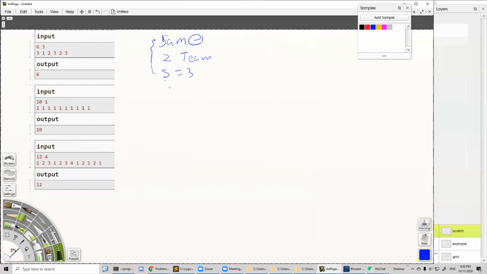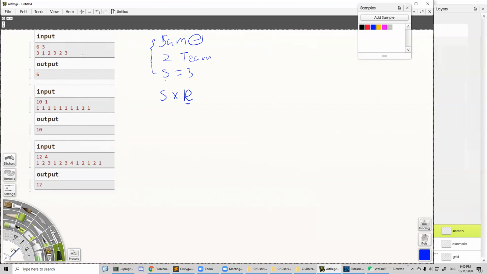So the cost of using a bus is S multiplied by the number of buses, right? R here is the total number of buses we need to take all of these people to the destination.